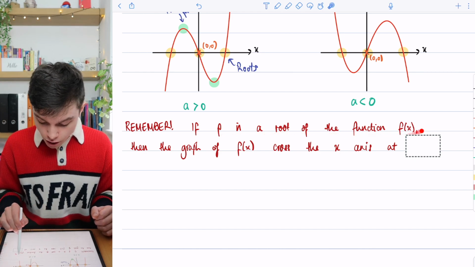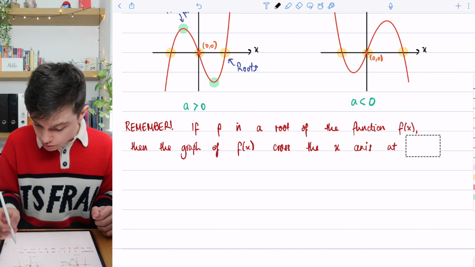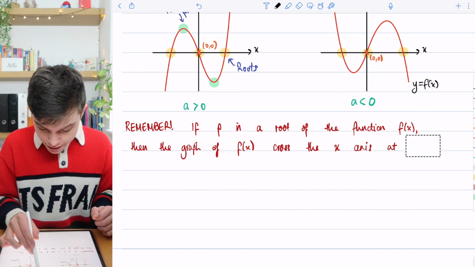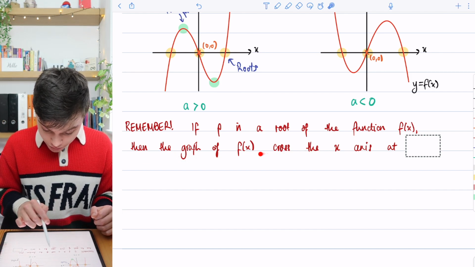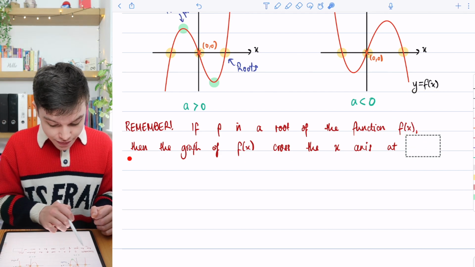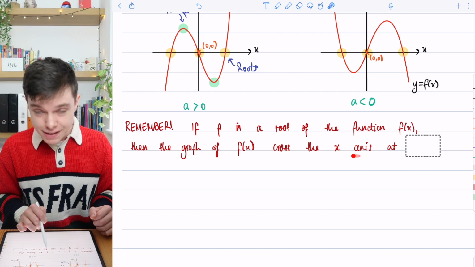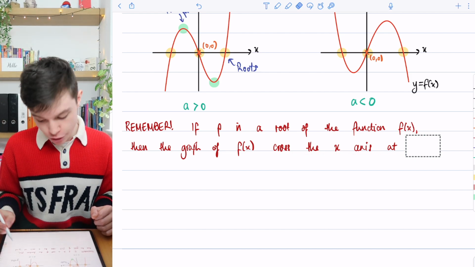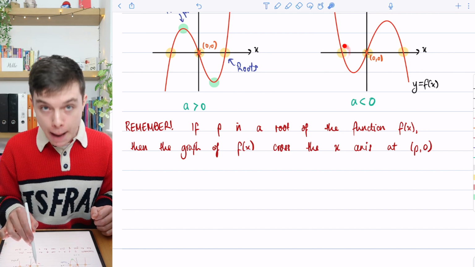If p is a root of the function f(x), so let's say this was the graph of y equals f(x), then the graph of f(x) crosses the x-axis at what coordinate? Well, p is a root, so it must cross at p.